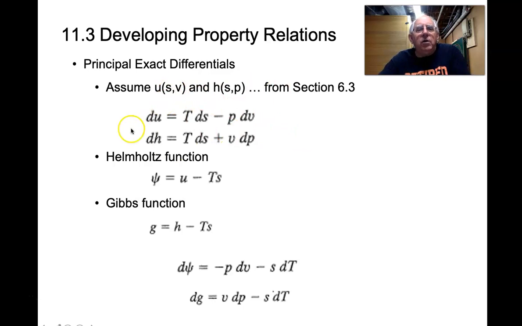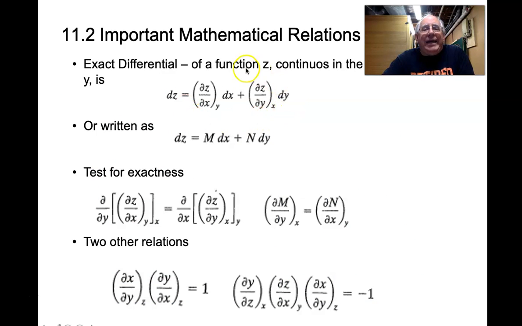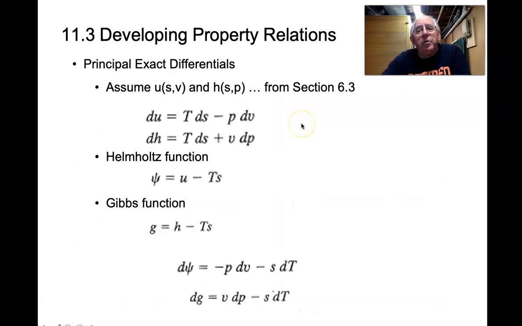And so if you draw the conclusion by going back here, drawing the analogy between what an exact differential in one variable means with respect to the other variables, we can now say that if this is du, then this coefficient here, T, is really related to the partial of u with respect to s at constant v.